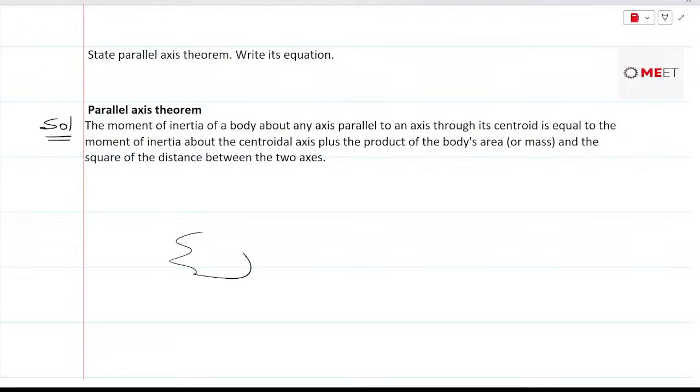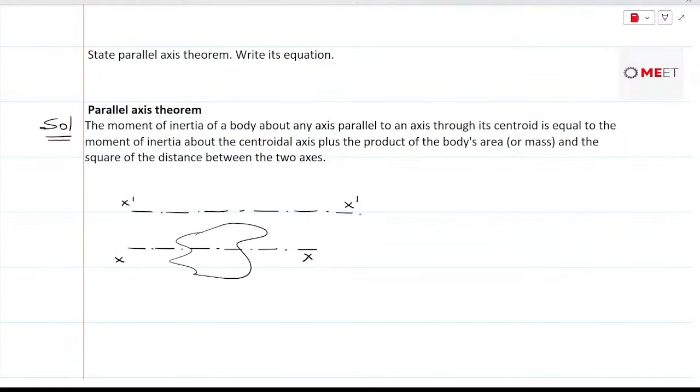Let's say this is some lamina or some area, or it could be a mass also. The moment of inertia about this axis, that is the x dash axis, and let's say this is the centroidal axis, xx.